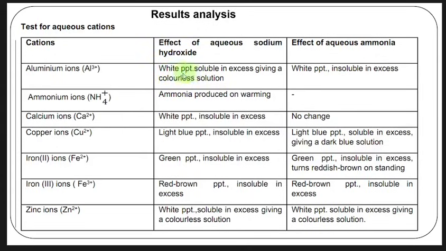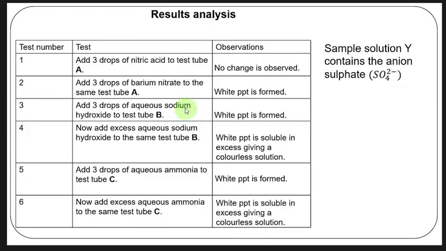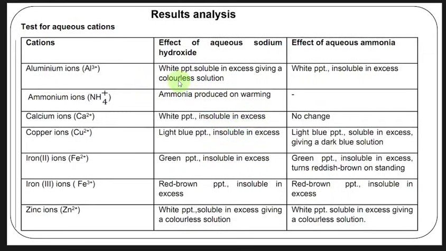and then you see a white precipitate, like here when we added 3 drops of aqueous sodium hydroxide to test tube B where sample solution Y was, we saw a white precipitate. Then another one here where they are saying soluble in excess, giving a colorless solution.